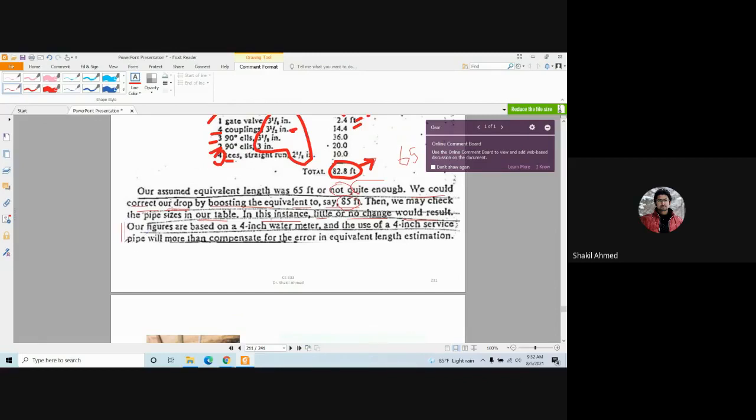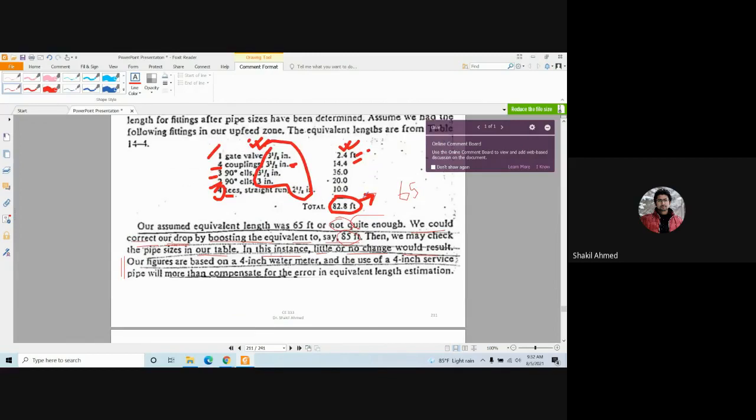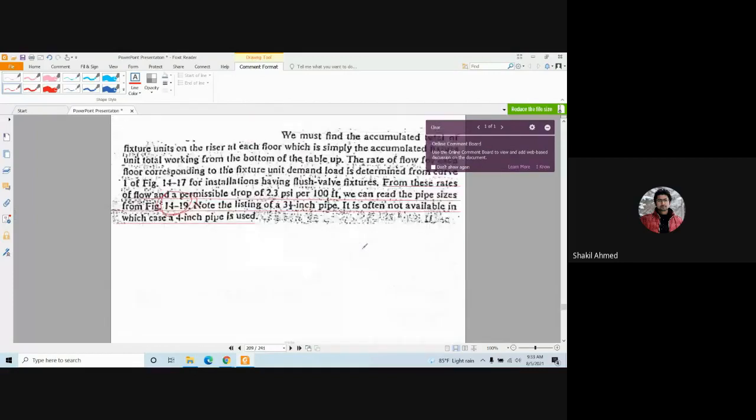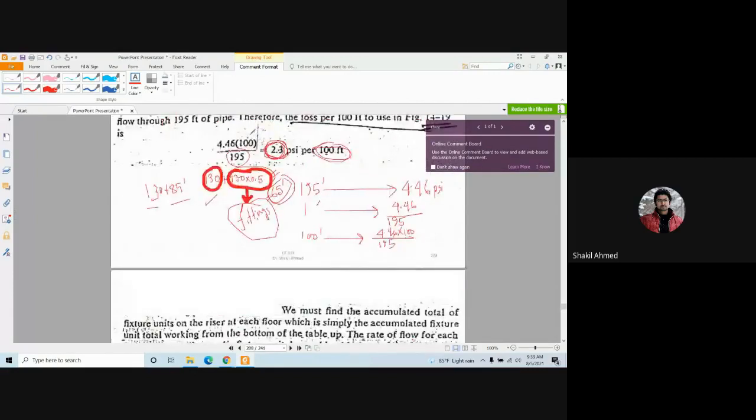But from experience, we can tell here that this would not make much difference. So we keep this here. But in reality, what you could do, you could redo your equivalent length, 130 plus 85, and then put this here.